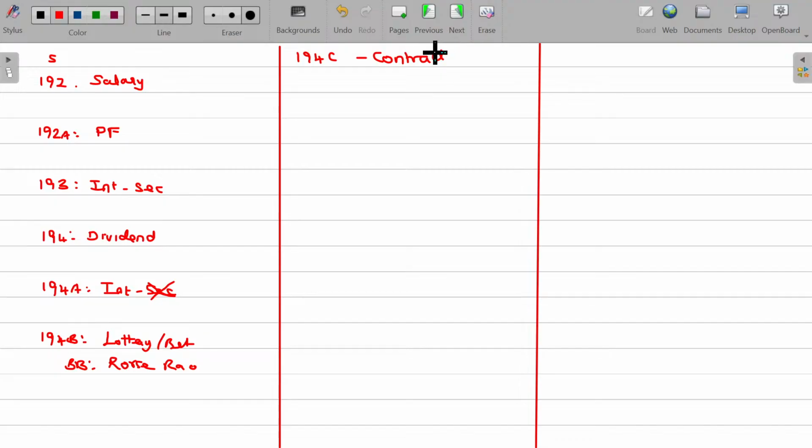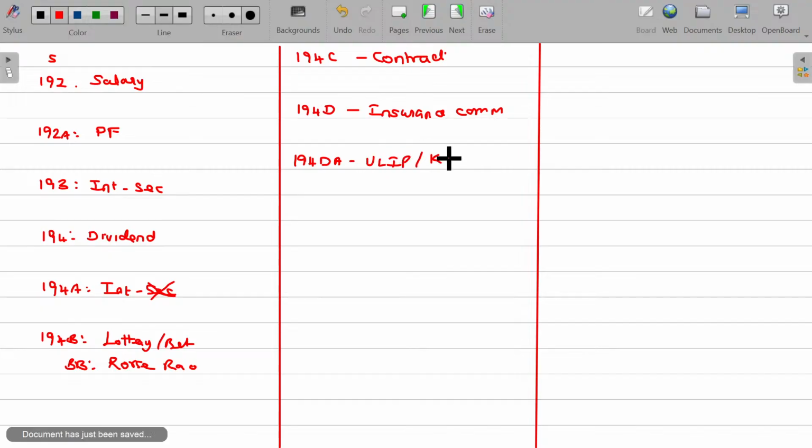At that time TDS is applicable. 194D is commission payable to an insurance agent, insurance commission. 194DA is nothing but the maturity amount of a life insurance policy, ULIP, Keyman insurance policy and all. Maturity value.